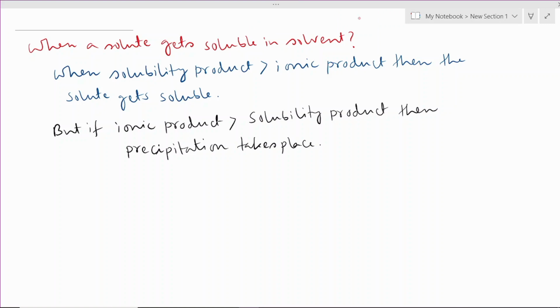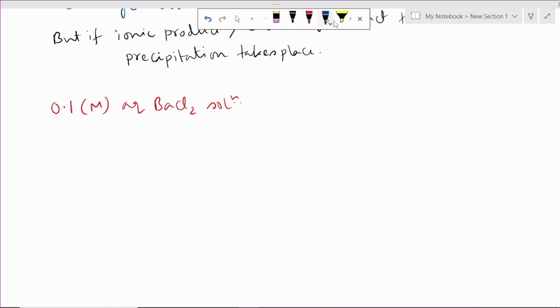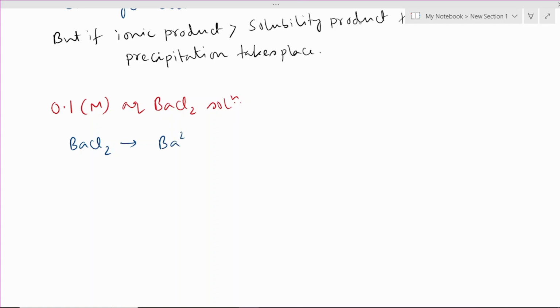Now, what is ionic product? We will understand ionic product by an example. Suppose a 0.1 molar aqueous BaCl2 solution is taken. And we know that BaCl2 dissociates as follows: Ba2+ and 2Cl-, and the concentration of BaCl2 solution is 0.1 molar.